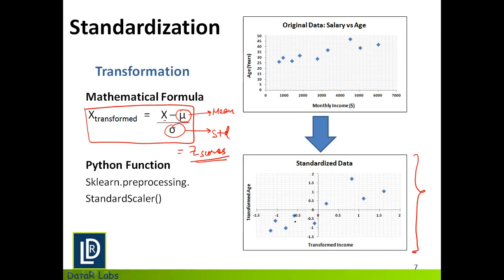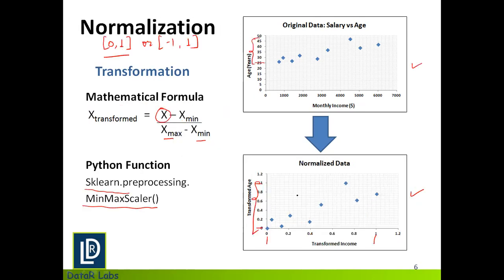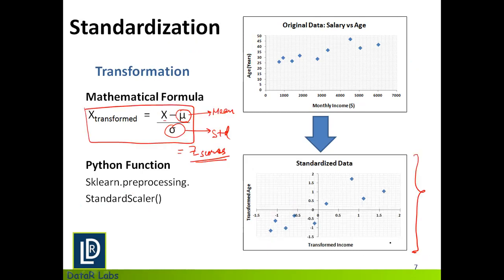Contrary to the graph we saw in normalization, where the data ranged between 0 and 1, in this case I get data which ranges from minus values to plus values across both the variables, income and age, because we are now plotting Z scores for all the x values.